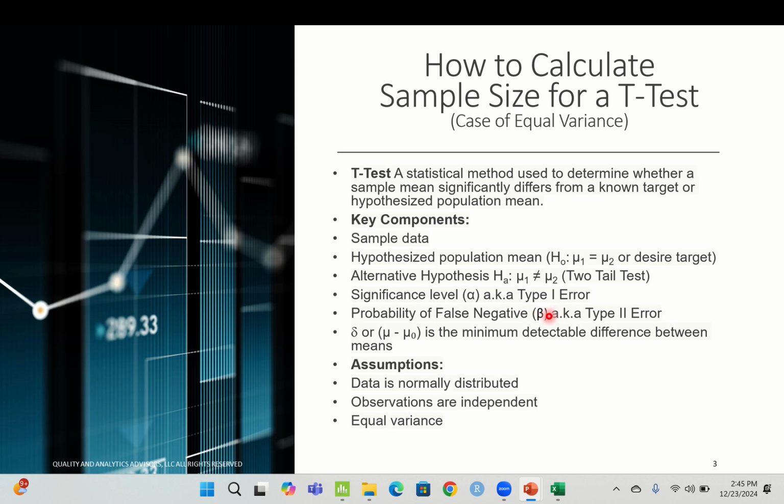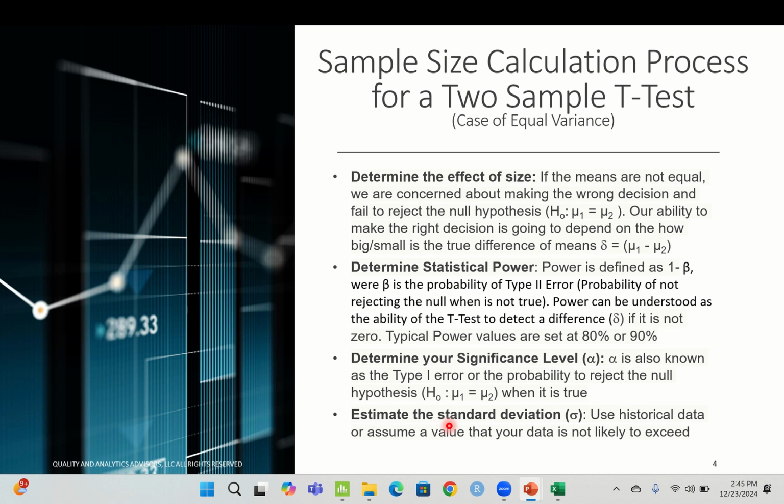We also need to understand what the beta value is, also known as the type 2 error, and the difference that I am trying to detect is the minimum detectable difference between the means, and we can see that value being called here delta. Our assumptions are going to be that the data is normally distributed, observations are independent, and of course equal variance is the topic at hand.